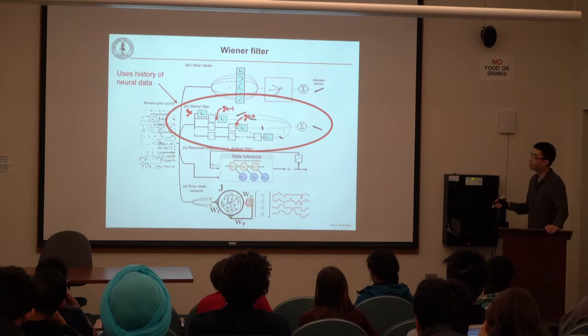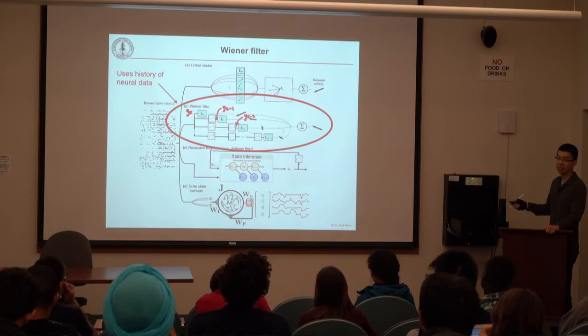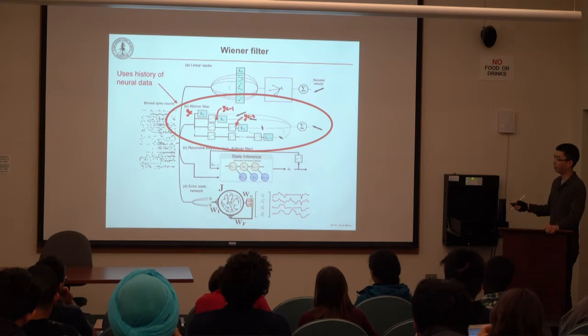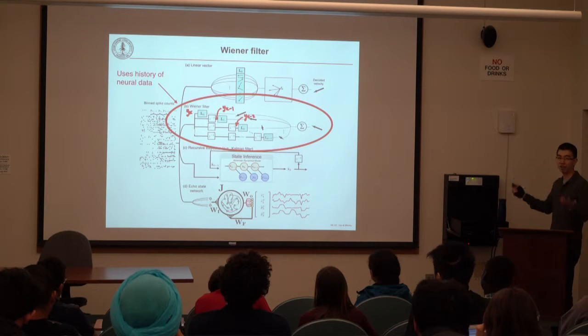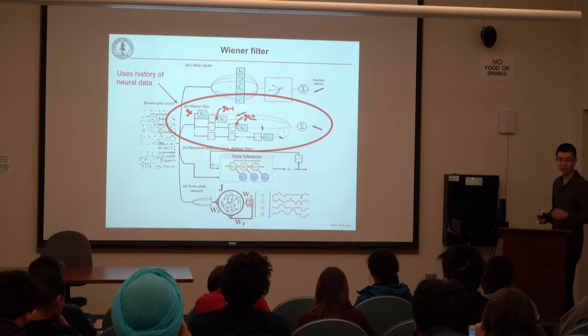And so out of each of these preferred direction blocks, what we're going to get is a velocity based off of the neural data at time k, a velocity based off of the neural data at time k minus 1, a velocity based off of the neural data at time k minus 2, and then we'll sum all of those together to get an aggregate velocity. And so that's what the Wiener filter is doing.